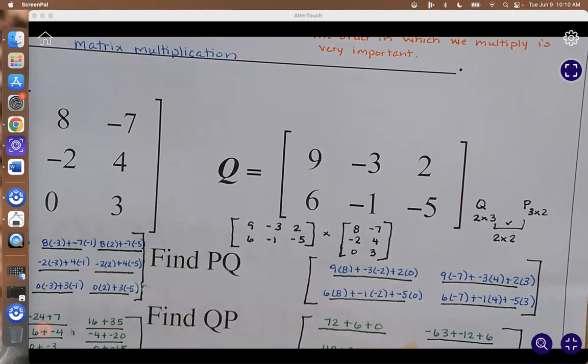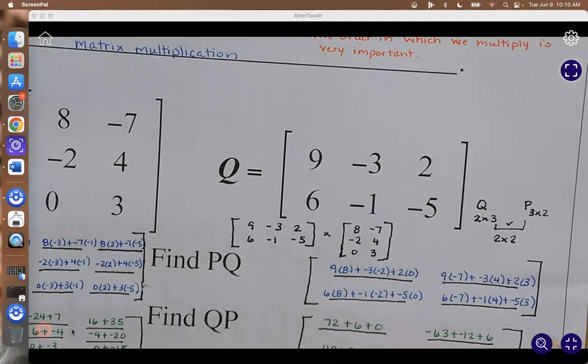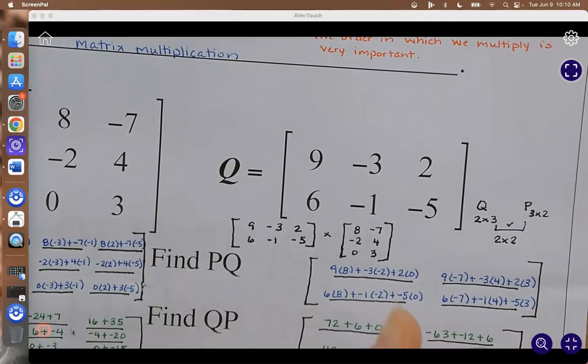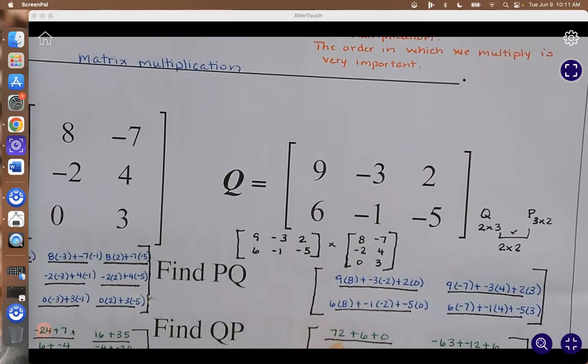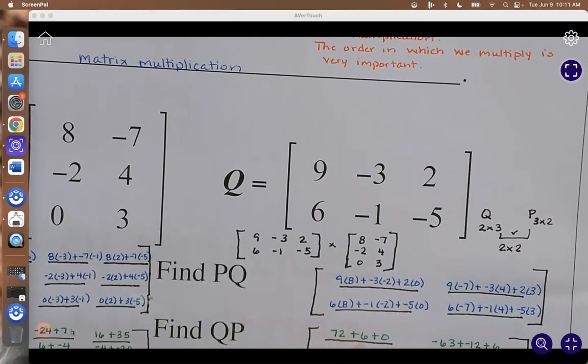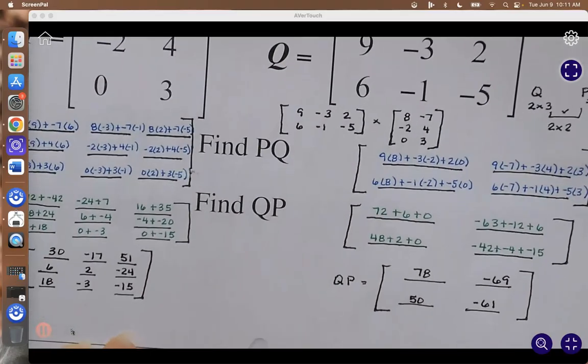So our answer for this one is 78, negative 69, 50, and negative 61.